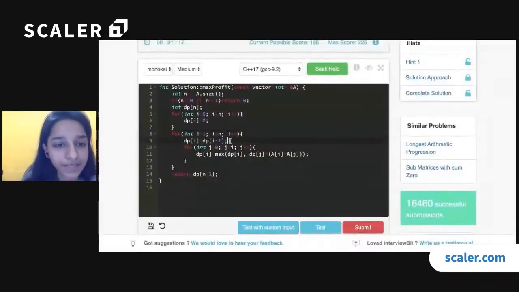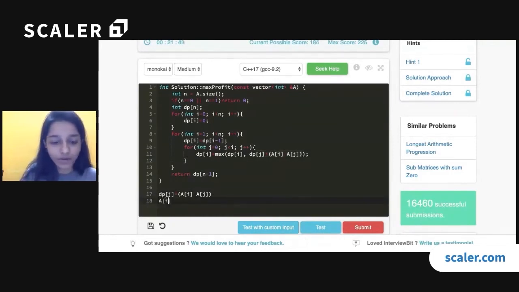So here basically we have to remove this loop. For that we have to keep on storing this particular value, as in we have dp of j plus a of i plus dp of j minus a of j.